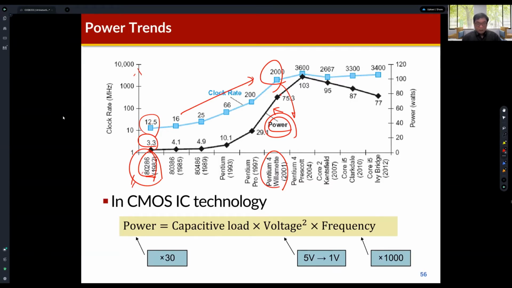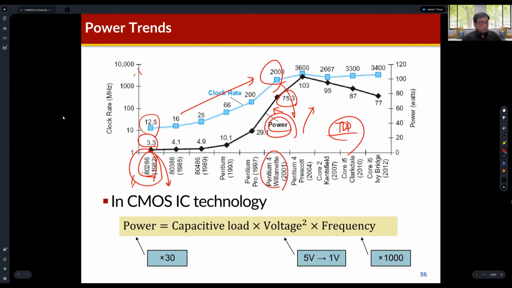As you can see, the power consumption of desktop CPUs has increased dramatically. Recently, the TDP of a desktop CPU is usually 65 watts, and the recent Intel Alder Lake reaches 90 watts. So it's very high compared to the very old CPU.